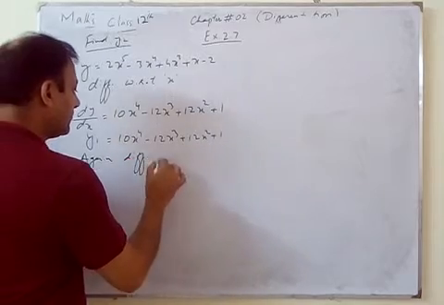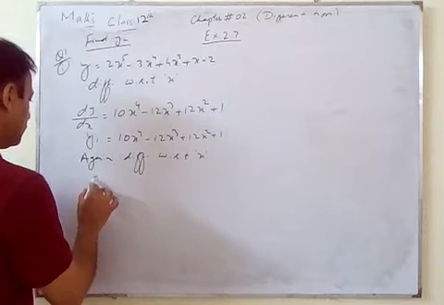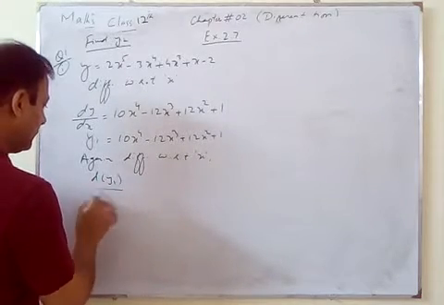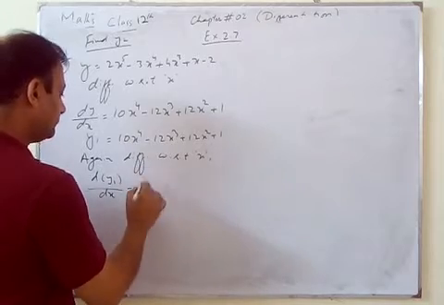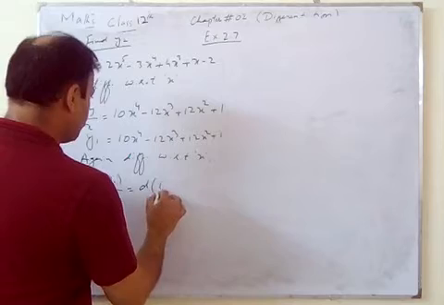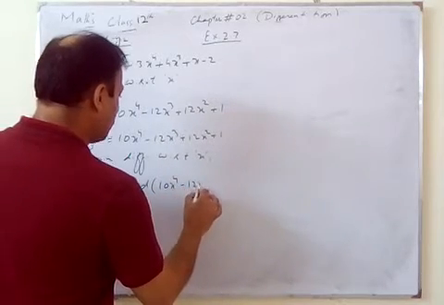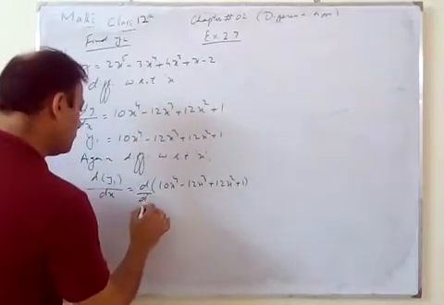Differentiate with respect to x, we get the derivative of y1 with respect to x, again the same method: minus 12x cube plus 12x square plus 1 with respect to x.